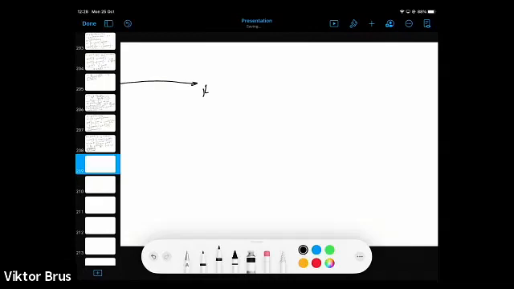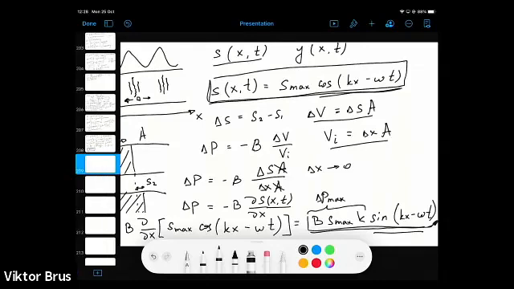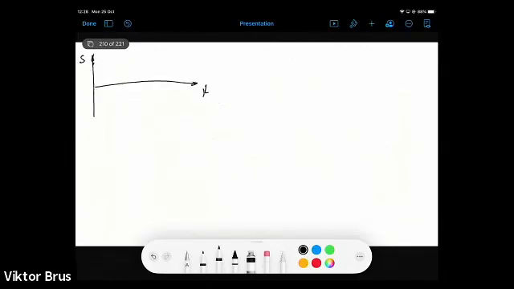Yes, sure, I can show the previous page. So this is our final expression for the change in pressure, and this is the equation for the displacement. Since we have cosine, we start from maximum, go down, then go up.